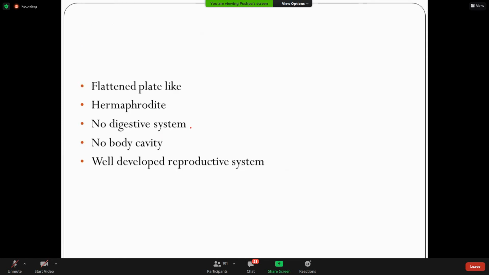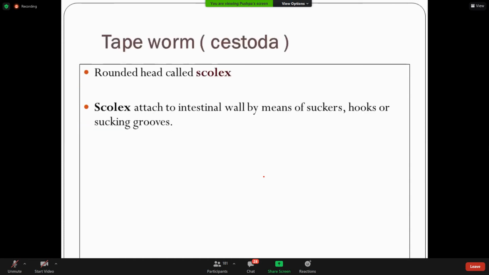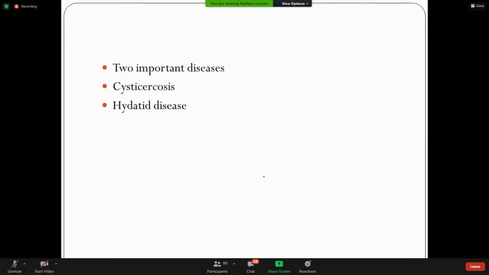ये हमने सारी चीज डिस्कस कर ली। इसमें कोई डाइजेस्टिव सिस्टम नहीं होता, कोई बॉडी कैविटी नहीं होती, वेल डेवलप्ड रिप्रोडक्टिव सिस्टम नहीं होता, ये अंदर ही अंदर हर्मोफ्रोडाइट है, खुद ब खुद हो जाता है ऑटोमेटिकली सब चीज। ठीक है, this we have discussed. Two important diseases, cysticercosis and hydatid disease.